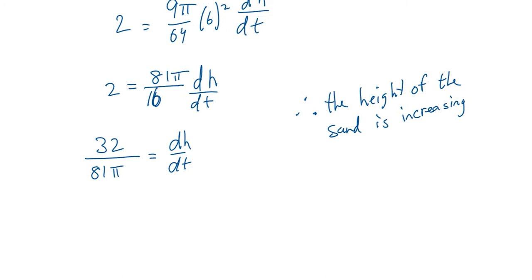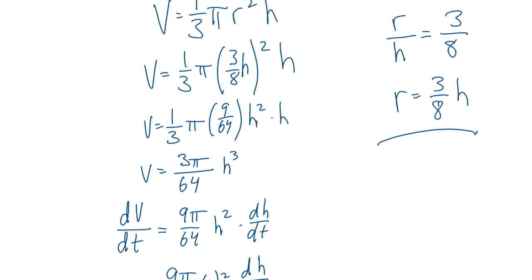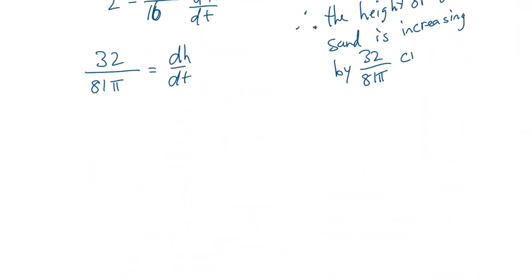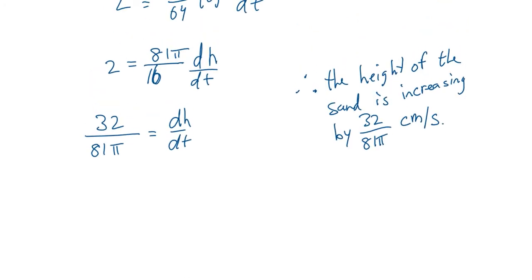So the height is increasing by 32 over 81 pi, whatever value that is, meters. Whoa, was it meters or centimeters? And it was per second, so centimeters per second. Okay, so include units, include your value, and state whether it's increasing or decreasing, or it's moving away from something or towards something, however you say it.